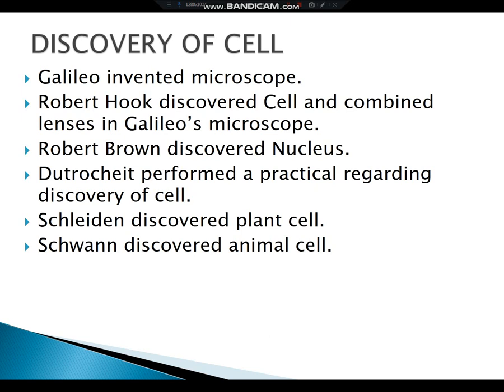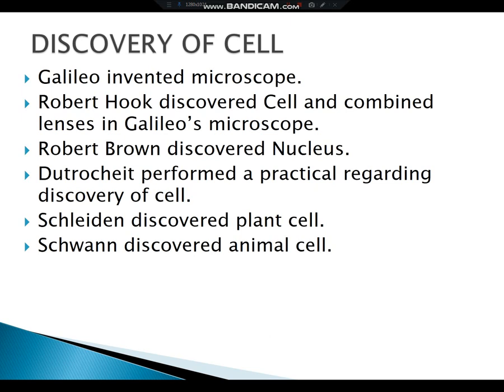Galileo was the scientist who first invented a magnifying glass. Afterwards, from the magnifying glass, he invented a simple microscope. Afterwards, by using Galileo's microscope, Robert Hooke was the person who discovered the cell.